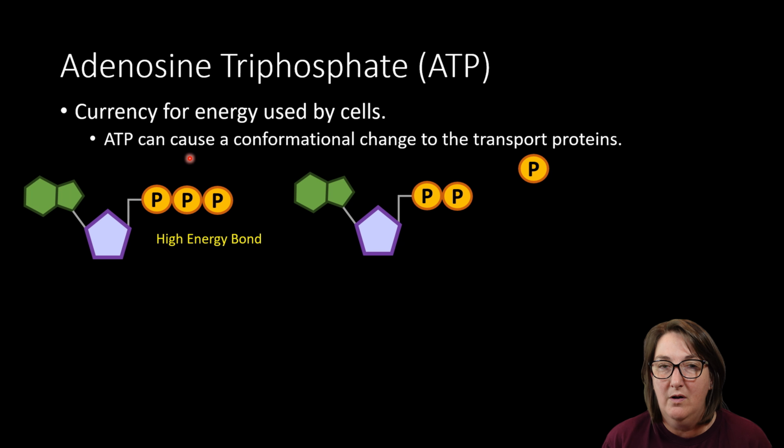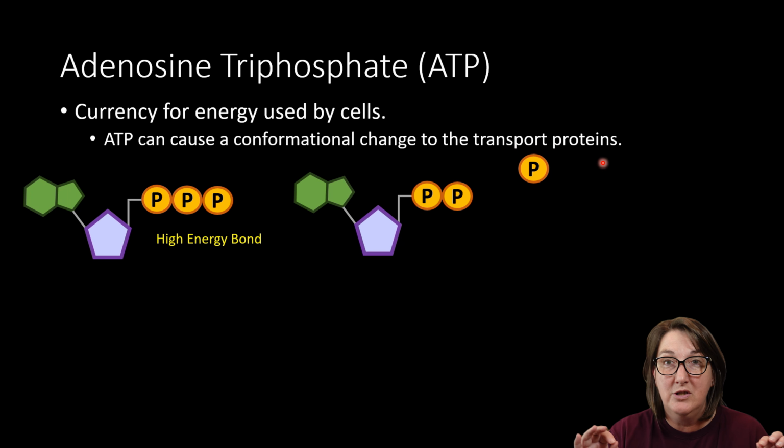ATP causes what's called a conformational change to a transport protein. If you remember proteins, long amino acid chains, they fold in a very specific 3D shape. If I change the shape of a protein, I change the function. One of these phosphates gets popped off, and this is going to attach to my transport protein.